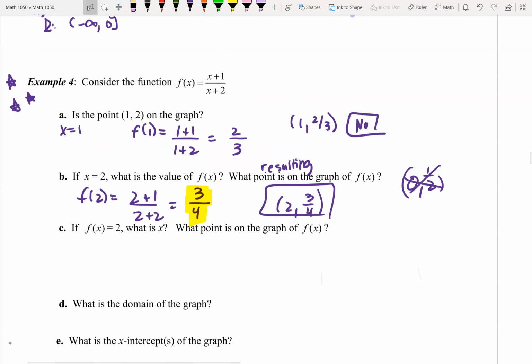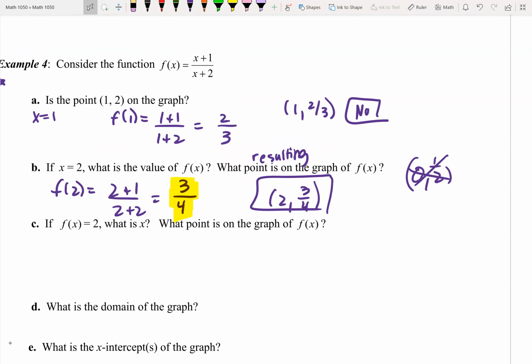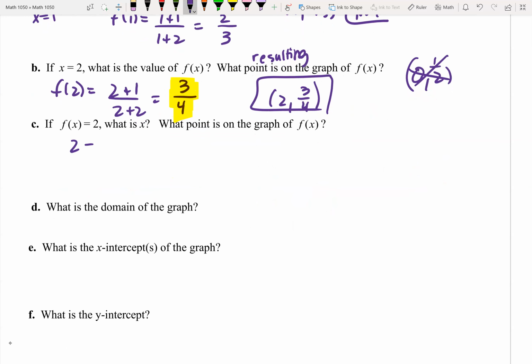Okay, question C. If f of x is 2, what is x? You guys look at that original equation. All you're going to do is take that f of x and make it a 2, because that's what they're saying: f of x is 2. So everybody go 2 equals (x plus 1) over (x plus 2). What's the easiest way to solve this? Two words is what I want coming out of your mouth. Cross multiply, exactly right.